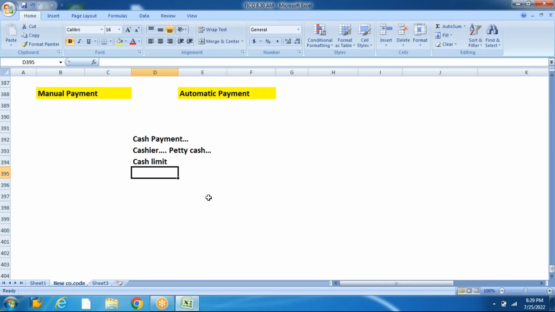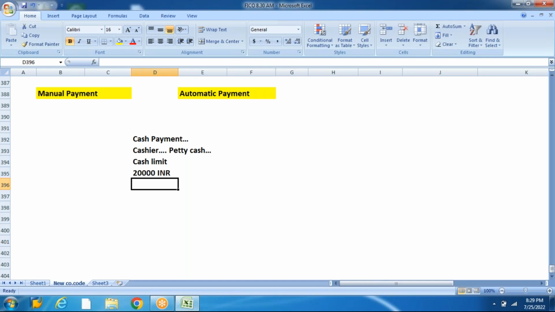Let's say your petty cashier is supposed to maintain only 20,000 rupees, 20,000 INR. What does it mean? He is not supposed to have more than 20,000 in his hand at any given point of time, because his cash limit is only 20,000.